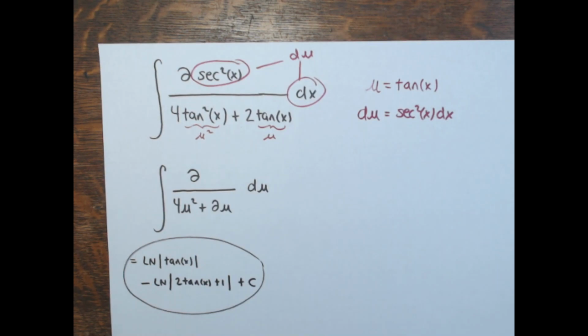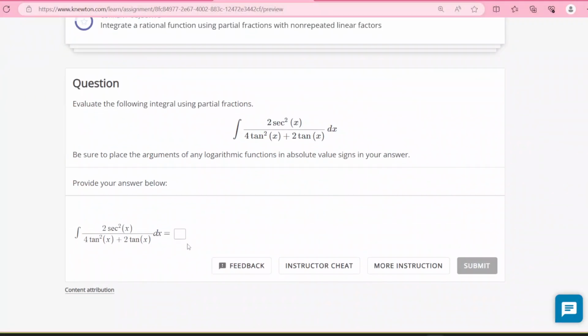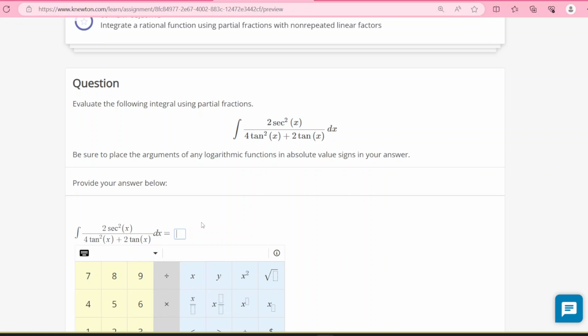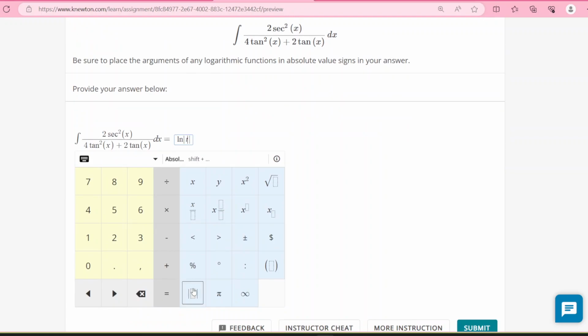Sorry, I just don't want to take too much more time if we've already done the same integral before. So this is the natural log of the absolute value of the tangent of x minus the natural log of the absolute value of 2 tangent x plus 1, and then afterwards plus some constant.